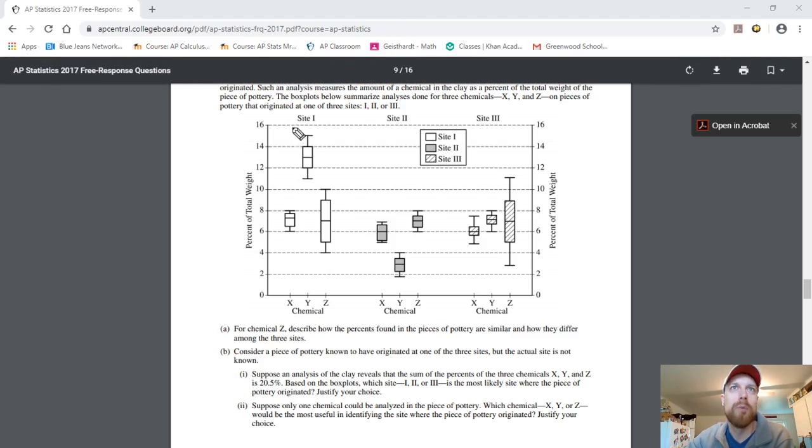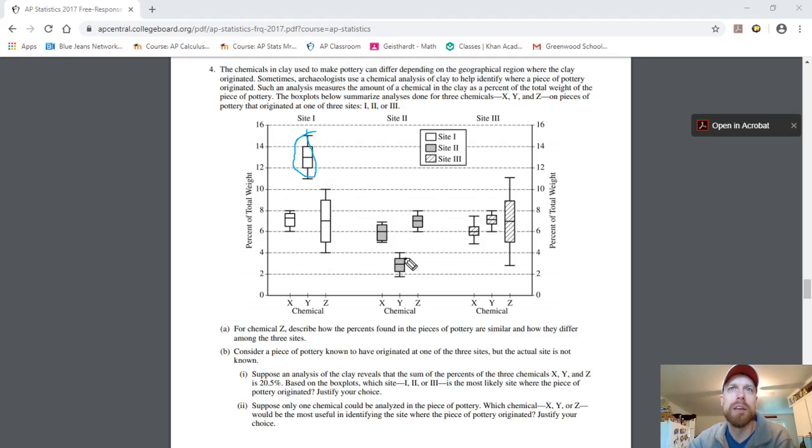The Y is up here at site 1. It's down here at site 2. It's in the middle at site 3, right? The rest of them, this varies, sure, but not by all that much. And for chemical Z, it doesn't really vary at all.